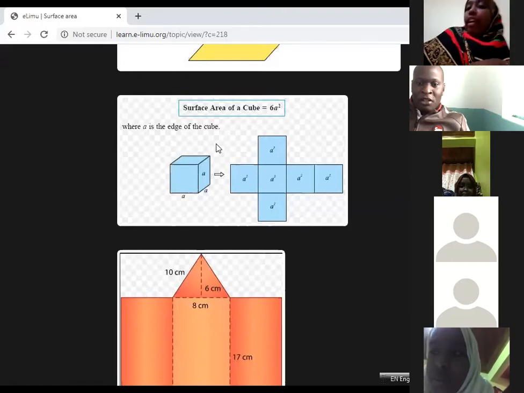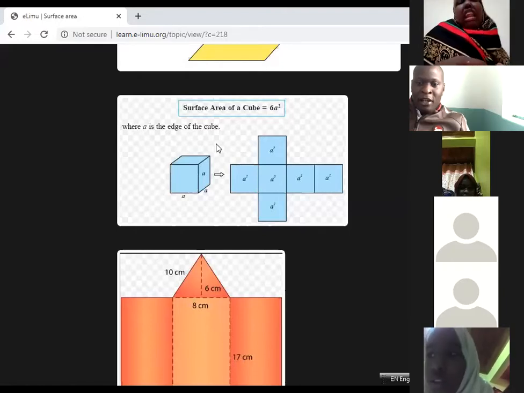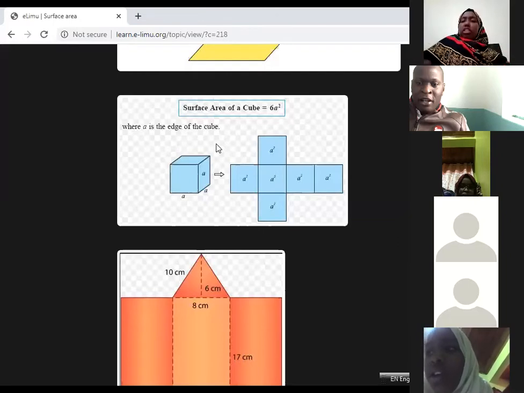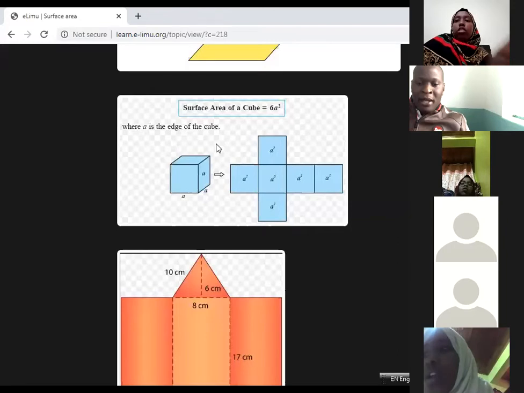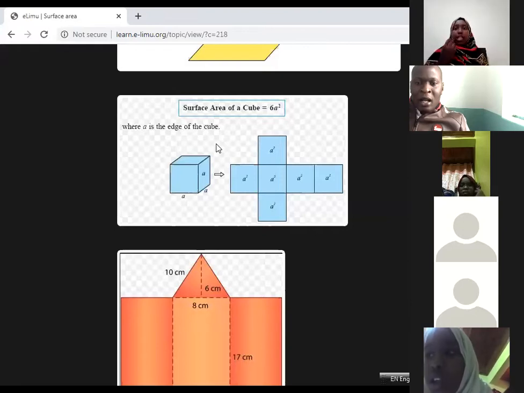That is the reason why on every cube, they write a small a, and at the top of every A, they put 2, to mean it is A squared. Now, the area of one square will be the same as for the rest of the squares. And remember, the number of squares forming a closed cube is 6.